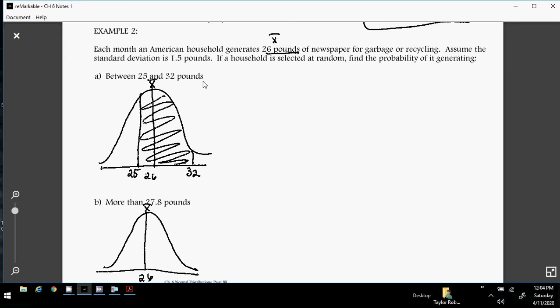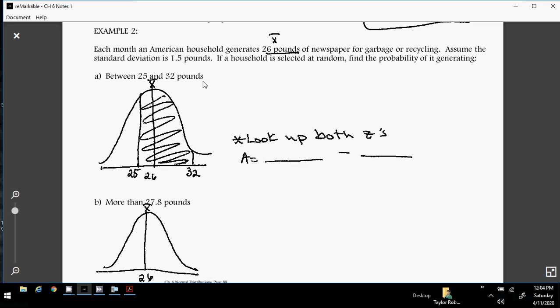Now, what to do? Well, for a between problem, to find the area, we have to look both of them up and subtract. So we have to look up both z's. Well, I don't have the z's. How could I find the z's?